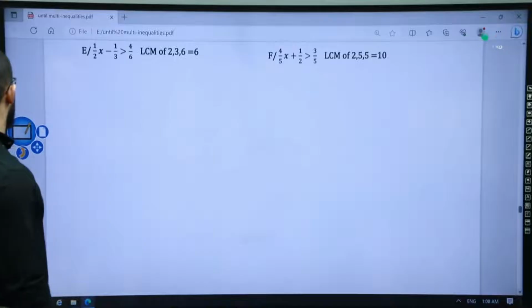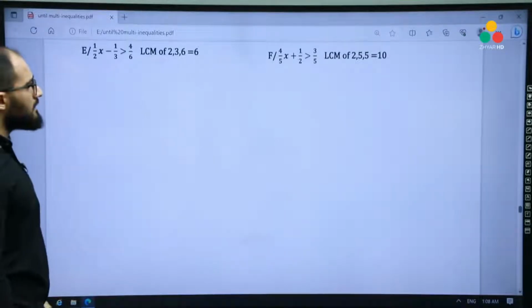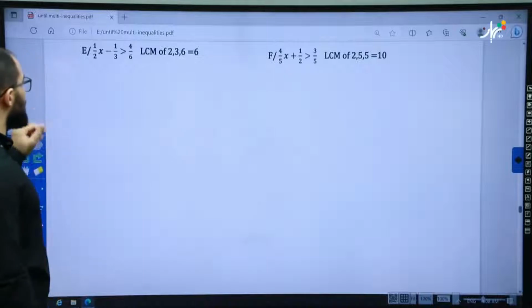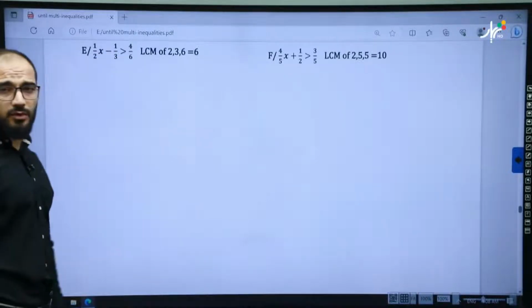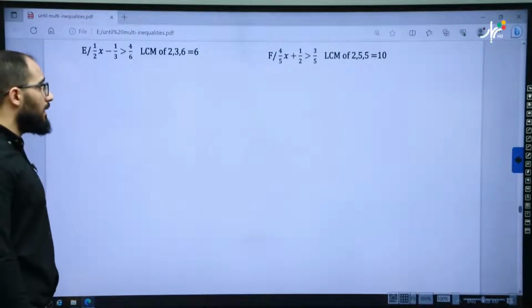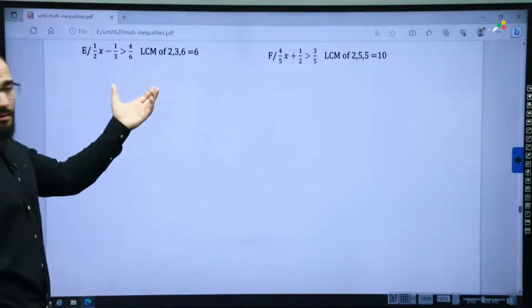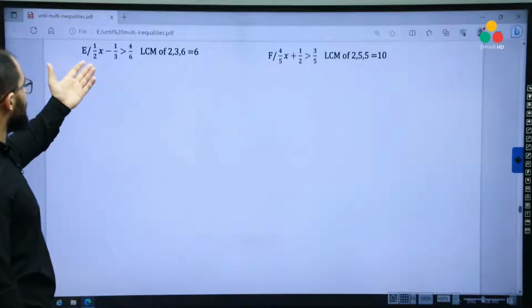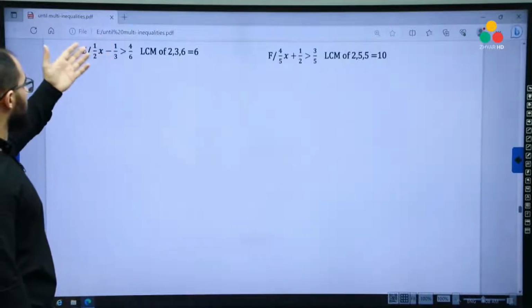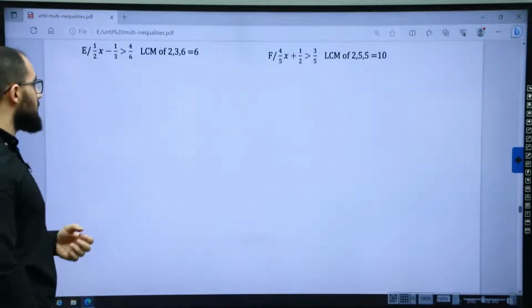So sometimes, dear students, we face some examples that include 3 or 4 fractions. As usual, students do not like to deal with fractions. They say how to solve that example. We have 1 over 3, 1 over 2x, 4 over 6.